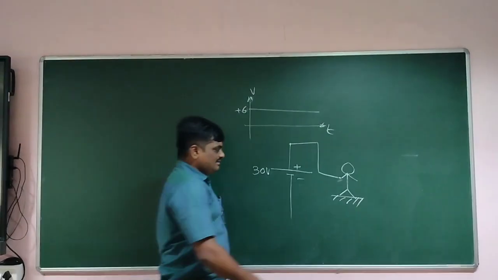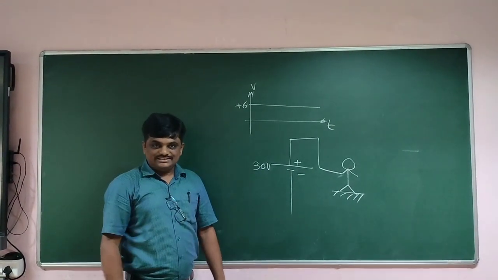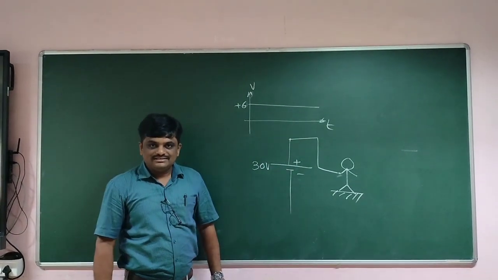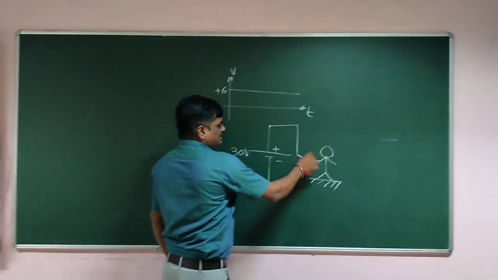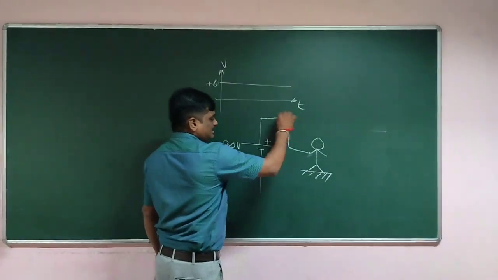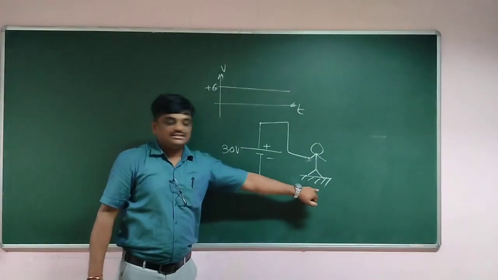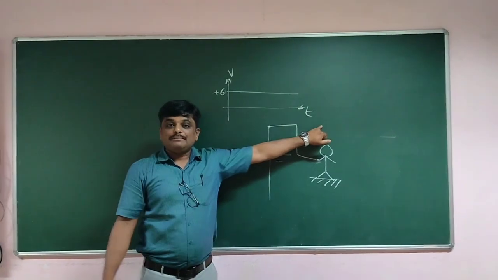Let us explain. As I told you, a battery is not an absolute potential, it is a potential difference. Here the negative terminal is not connected anywhere. So though I am touching the positive terminal, the circuit is not closed. There is no connection between the negative terminal and ground, so current will not flow and nothing will happen.